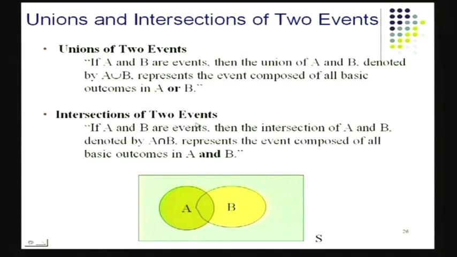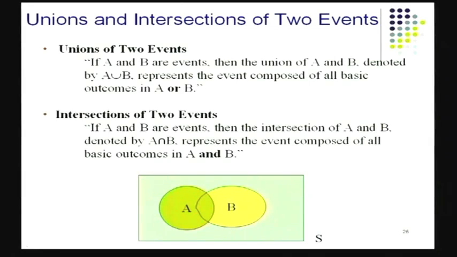What about the intersection of two events? It's going to be only those outcomes that come right in the middle. That means they belong to A and they also belong to B. So these events here, which are inside A and B, are going to be at the intersection of A and B. A and B are two different events. A is the result of certain outcomes.